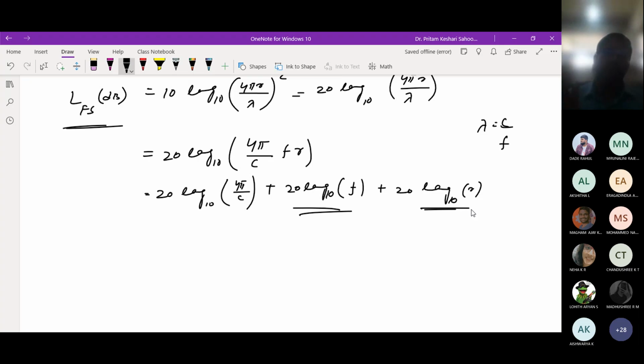Path loss means the difference between the power transmitted by the transmitter and the power received by the receiver. So LFS is directly proportional to frequency as well as distance, where r is the distance of separation between transmitter and receiver.